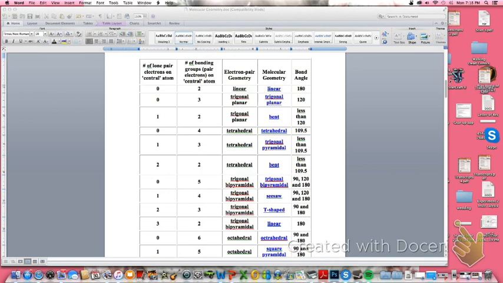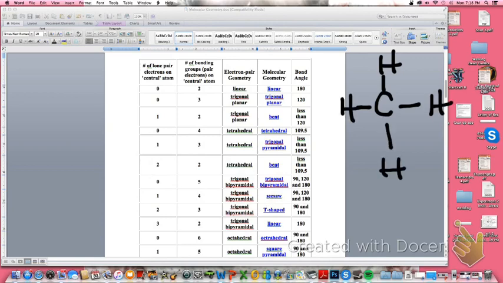Now, when we had the structure of carbon, we had C and 4 bonded hydrogens. I'm sorry, not carbon, this is what methane looked like. Now, what we're going to do here is look at a couple of groups that are noted on our notes.